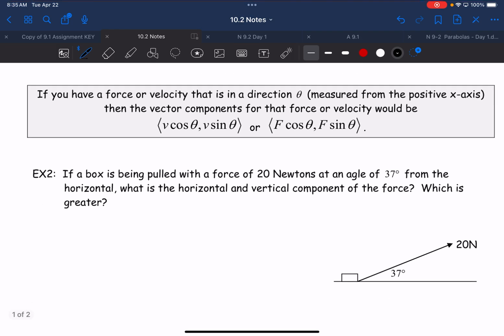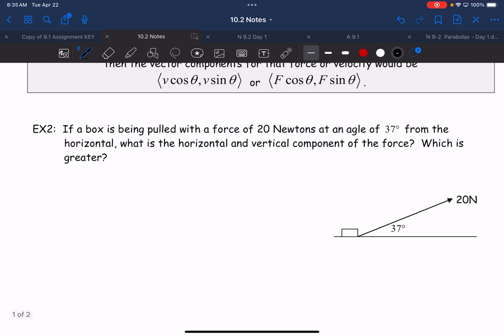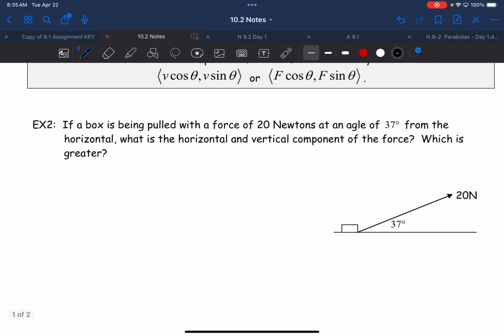All right, so example number 2 here says if a box is being pulled with a force of 20 newtons at an angle of 37 degrees from the horizontal, what is the horizontal and vertical component of the force? And which one is greater? All right, so this time they said that we were given force, right? So I'll write it like this.